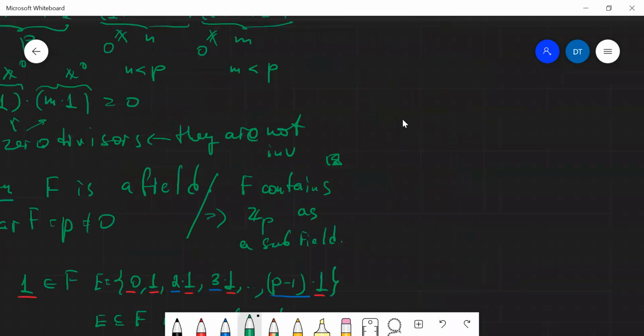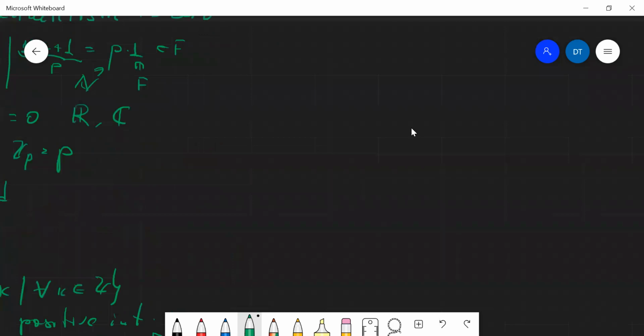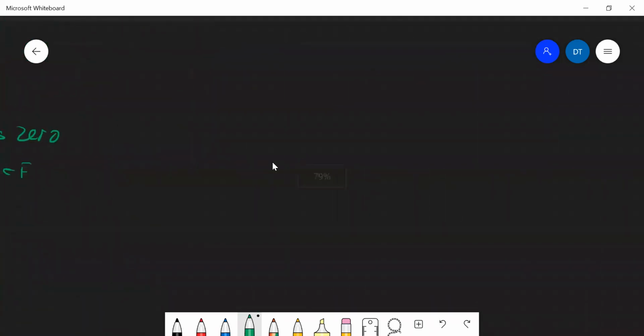Okay, so now I want to discuss extensions of fields. So, field extensions.